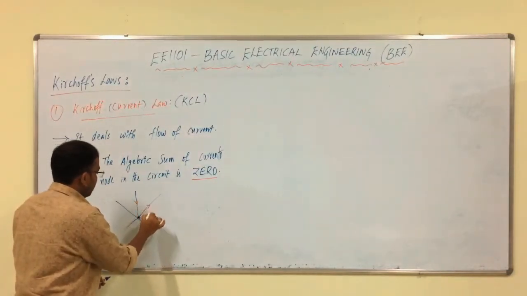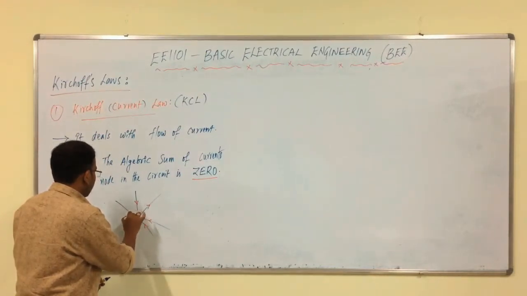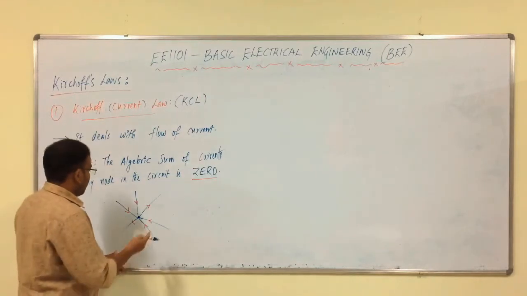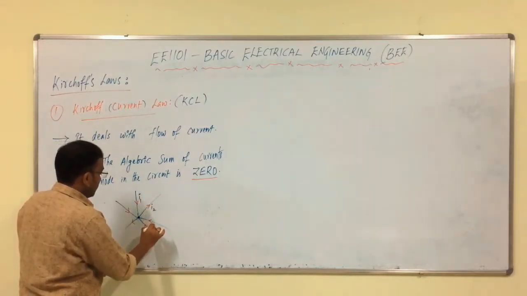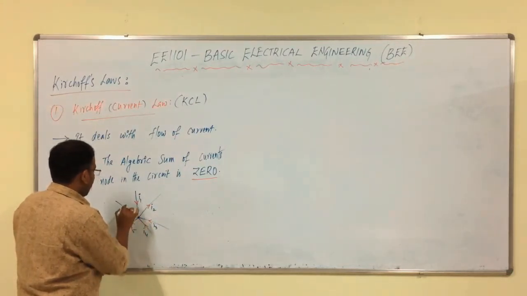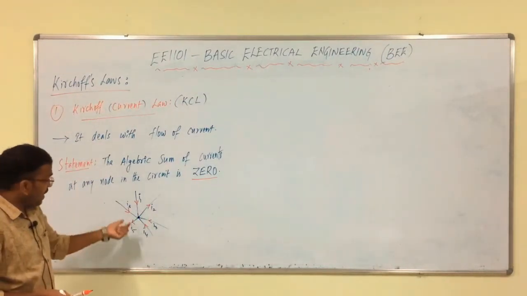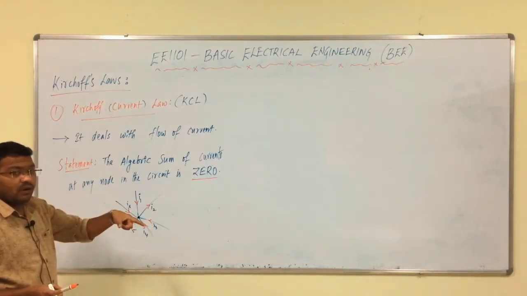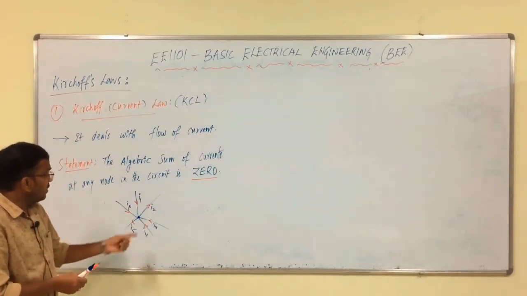For the current directions, this is I1, this is I2, this is I3, this is I4, this is I5 and this is I6. So, we have 6 branch currents which are coming towards the node or leaving out of the node.